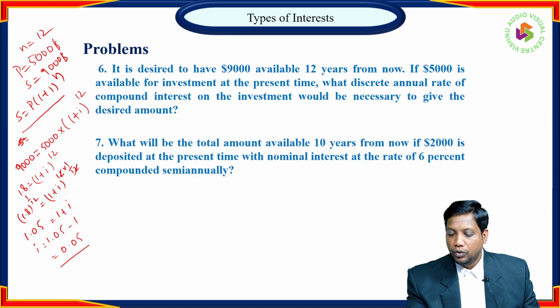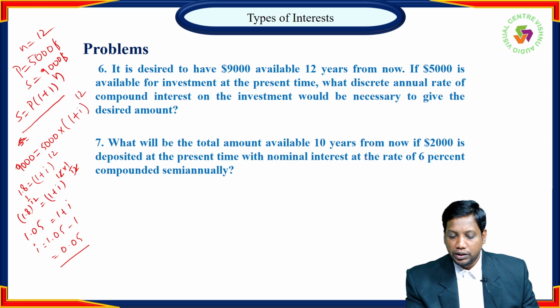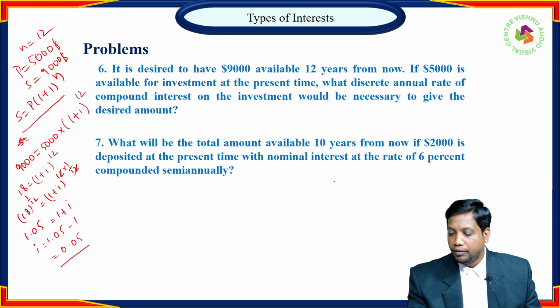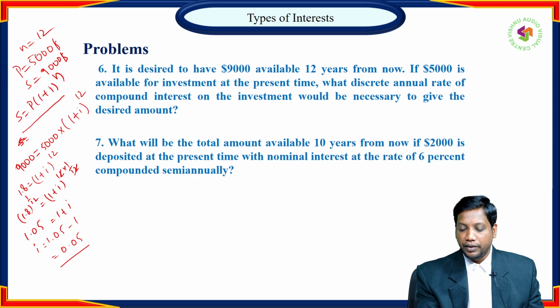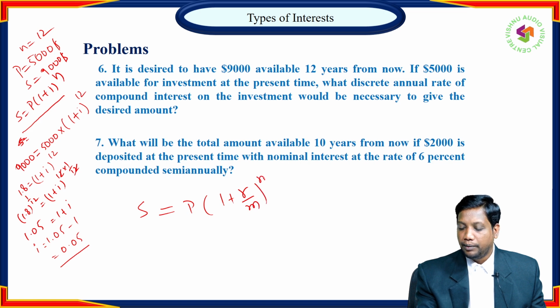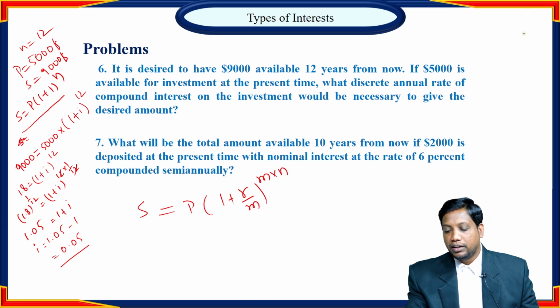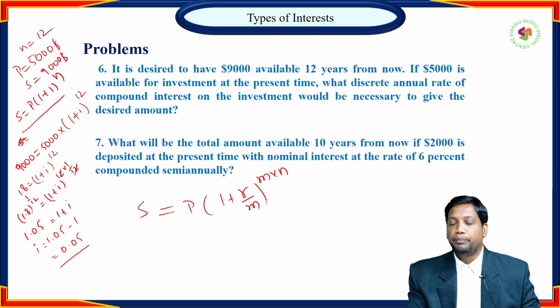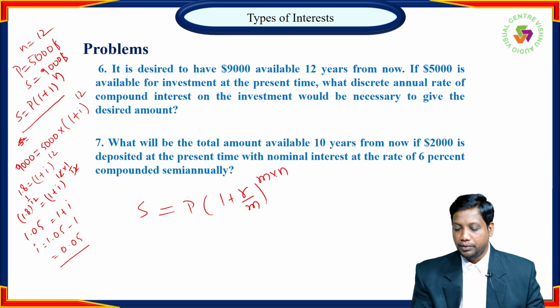What will be the total amount available 10 years from now if 2,000 is deposited at present time with a nominal interest rate of 6% compounded semi-annually? So here we have S equals P into 1 plus R by M whole power M into N. This formula we know for different quarterly or half-yearly payments, to calculate the total sum accumulated.